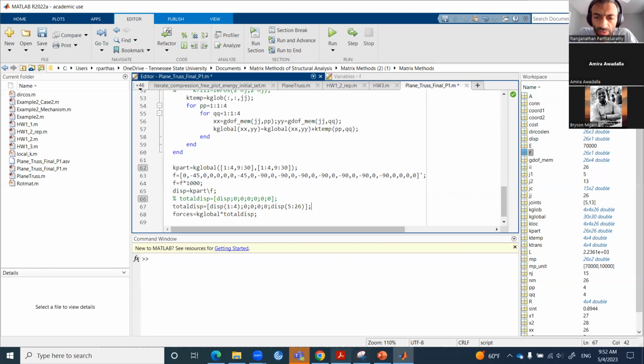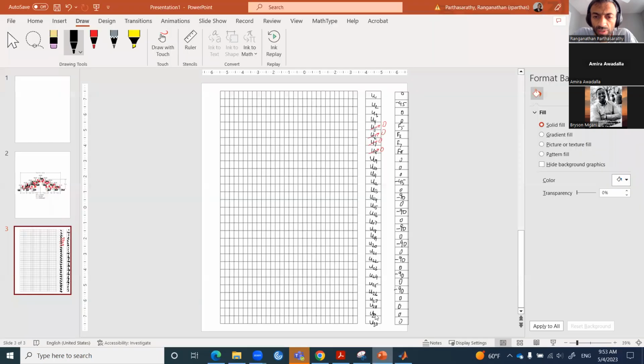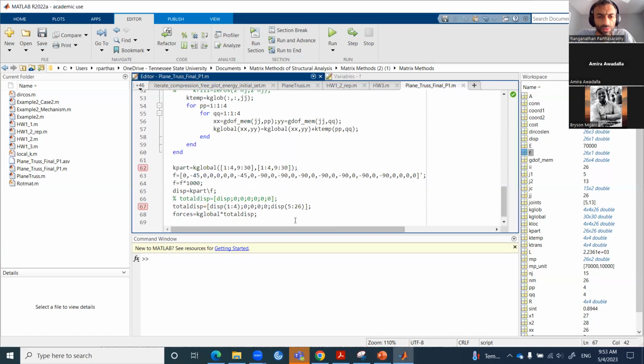Because we need to squeeze in these. Right now we got all the unknown displacements. From 5 to 9 we need to squeeze in those. So then we can do forces is K global times total displacement.